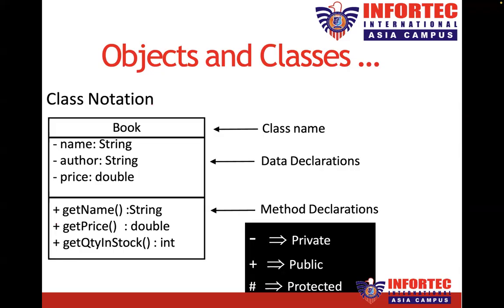When it comes to objects and classes in object-oriented programming, as the name suggests, we talk about objects and classes. Objects are the real world things, real world entities we consider when we implement this practically.